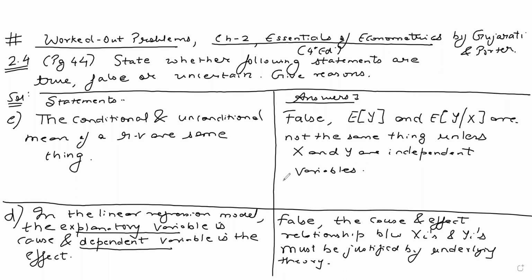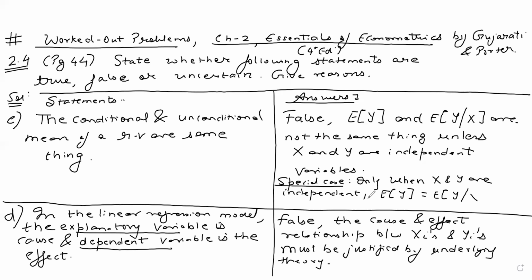So only when x and y are independent, a special case, can I say that the expected value of y is exactly equal to the expected value of y conditional on x. But in a normal course, when x and y are not independent, when they are dependent on each other in some way, maybe linear, maybe non-linear, this is the unconditional expected value of y, this is the conditional expected value of y, and they are not the same thing. They will be equal only when x and y are independent. So it's a false statement.